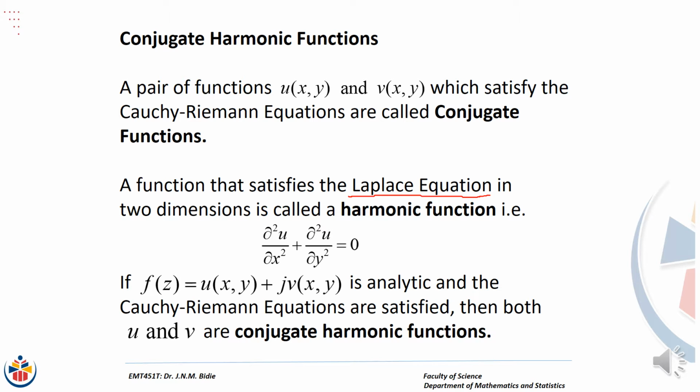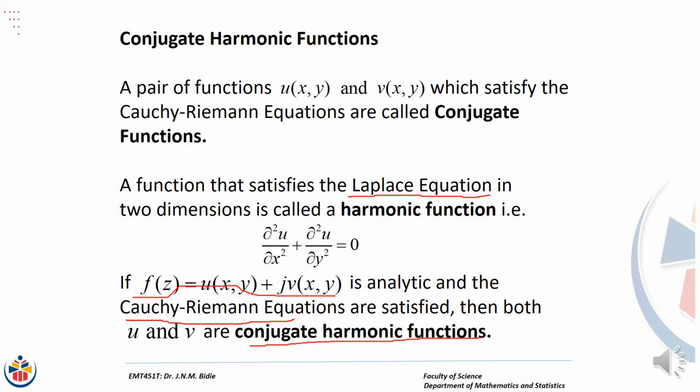Therefore, if we have our f of z equal to u of x y plus j v of x y, analytic and satisfying the Cauchy-Riemann equations, then both u and v are called conjugate harmonic functions.